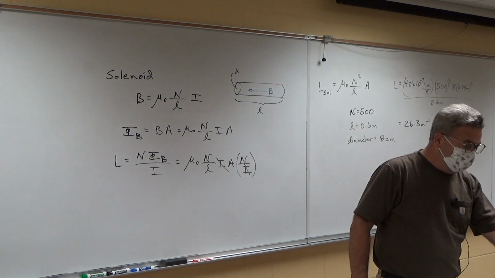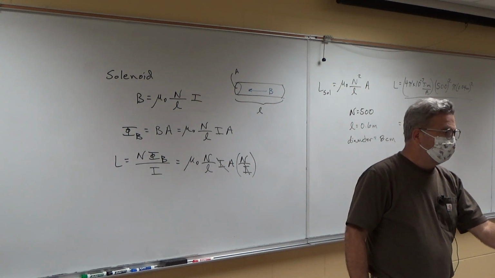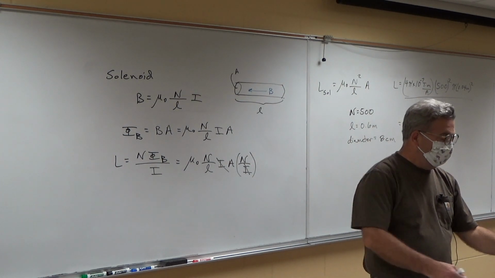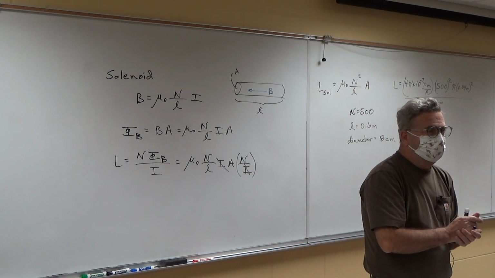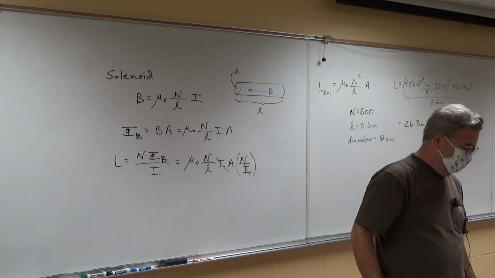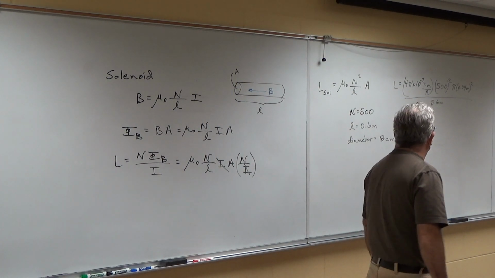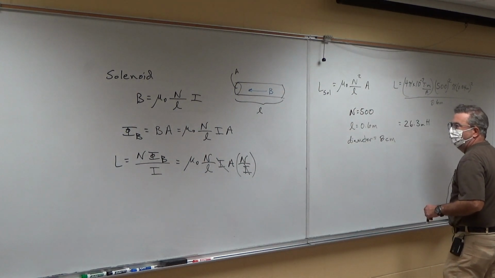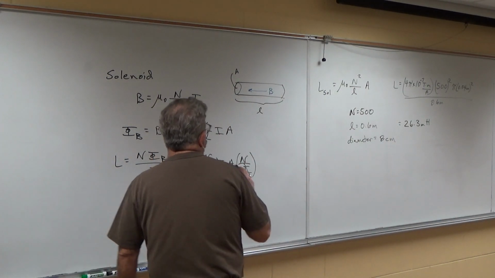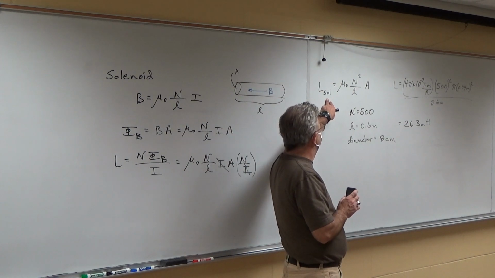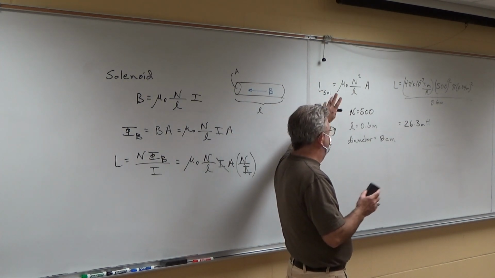However, this is not a solenoid. It's not much longer than it is round. Okay, 26.3. I think that's on the equation sheet. It should be. Not a big deal.